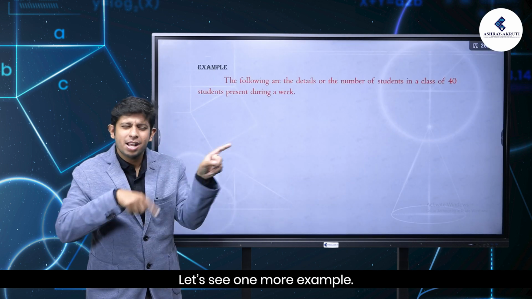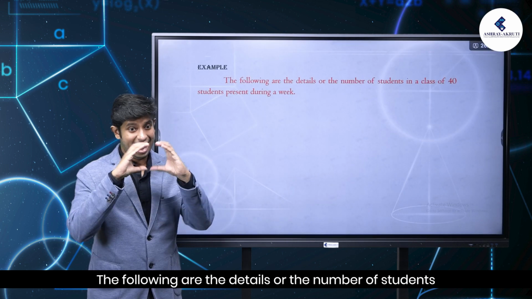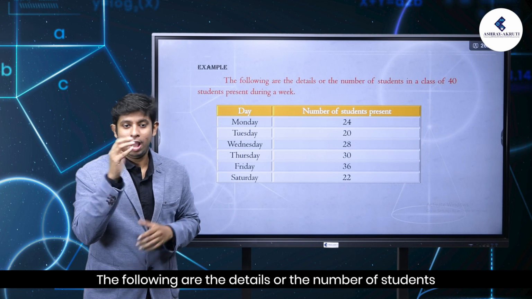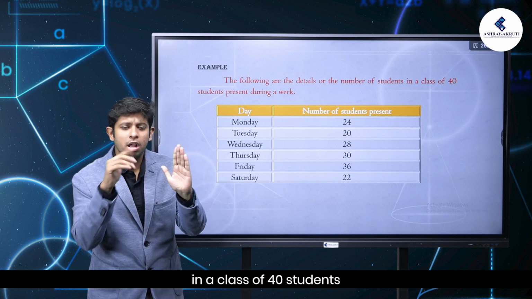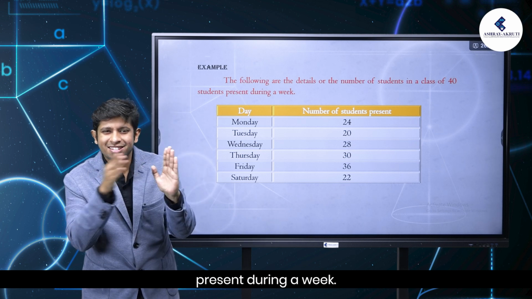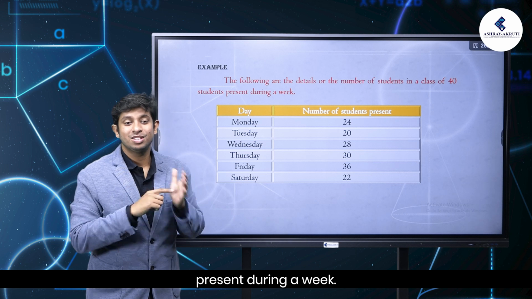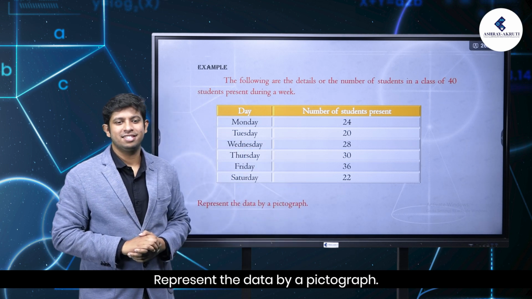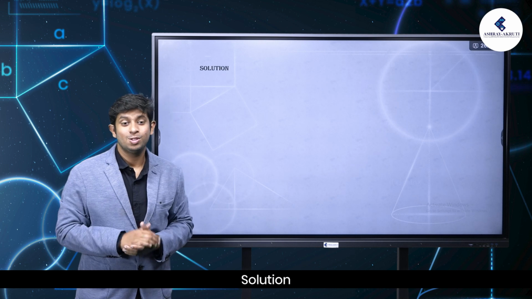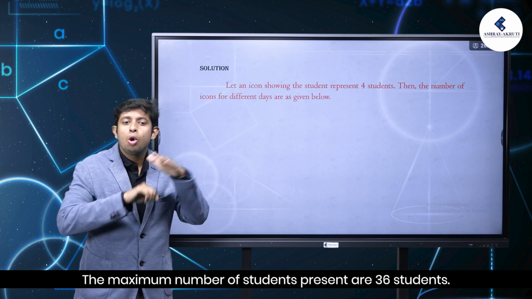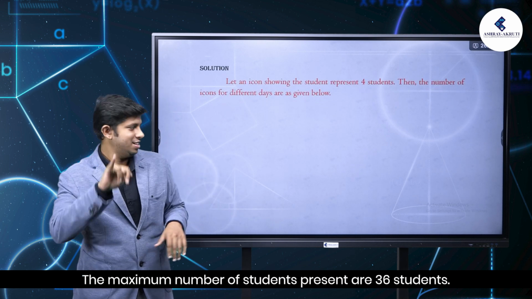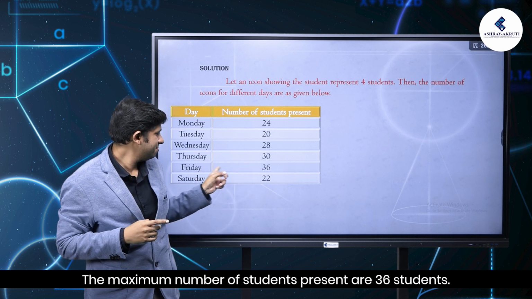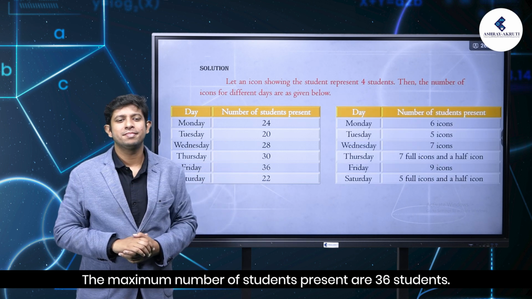Let's see one more example. The following are the details of the number of students present during a week in a class of 40 students. Represent the data by a pictograph. Solution. The maximum number of students present is 36.